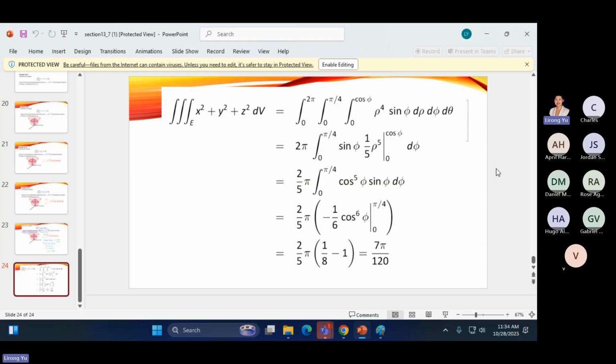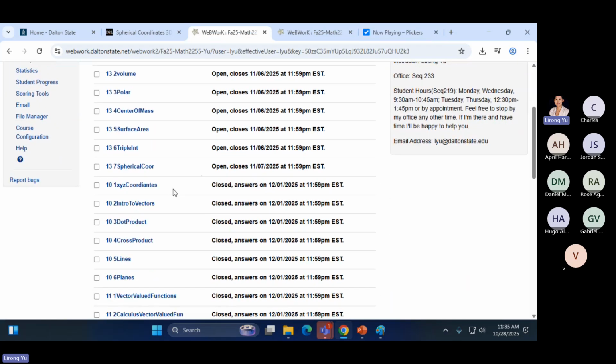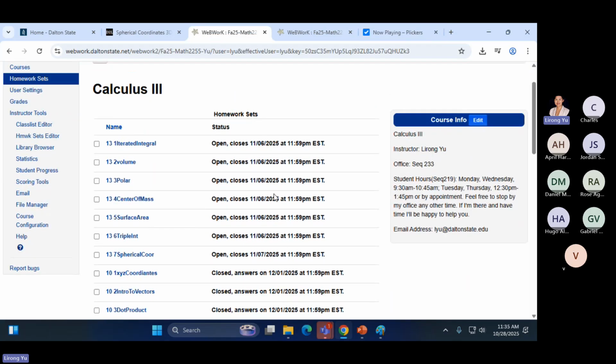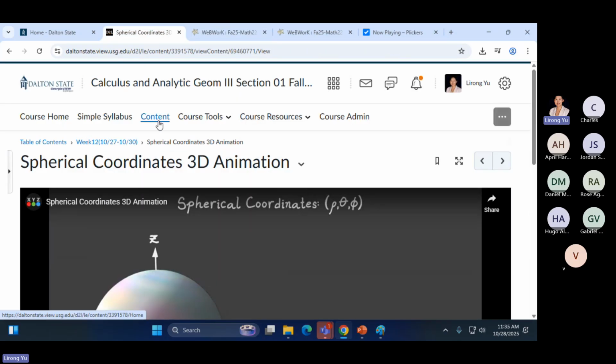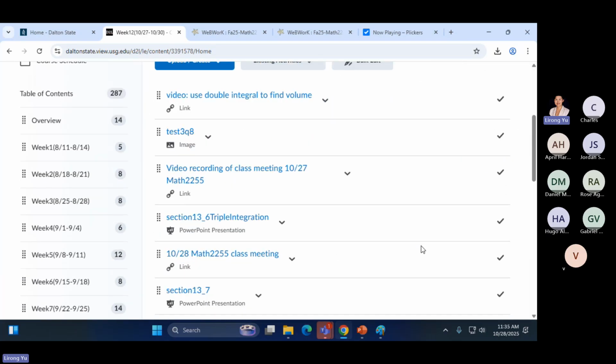Right, so these are all the examples that we see in this section. The homework for 13.7 has already been assigned. I also changed all the other dates, so they are all due on November 6th, because supposedly, I hope, we're finishing 13.7, which is the last section for chapter 13.